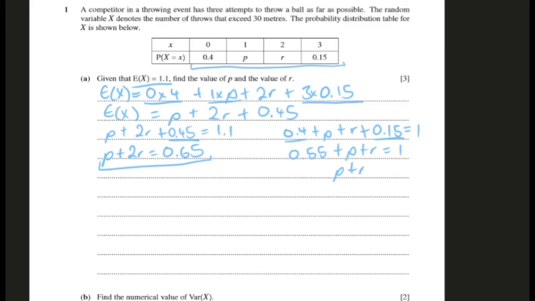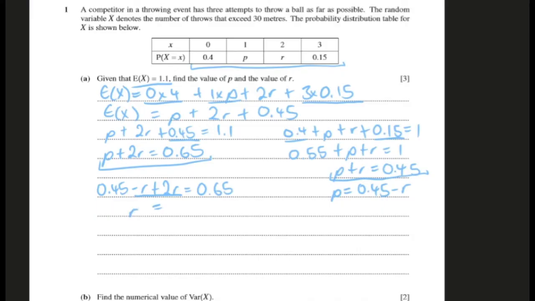Okay, now we have two equations in terms of p and r, and we can solve the two equations simultaneously. Let's make p the subject of the formula here. So that's 0.45 minus r. Let's substitute that into our other equation. This becomes 0.45 minus r plus 2r is equal to 0.65. So this becomes minus r plus 2r, that's r, is equal to 0.65 minus 0.45.